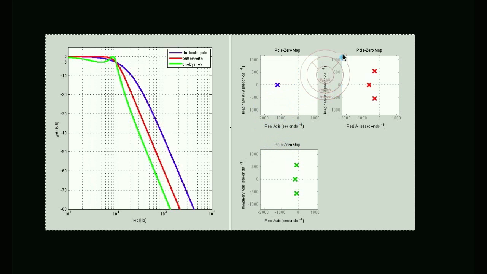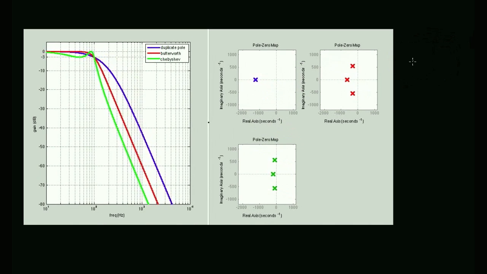Now, in the case of the Butterworth filter, the 3 poles that I need to make that filter are shown here.